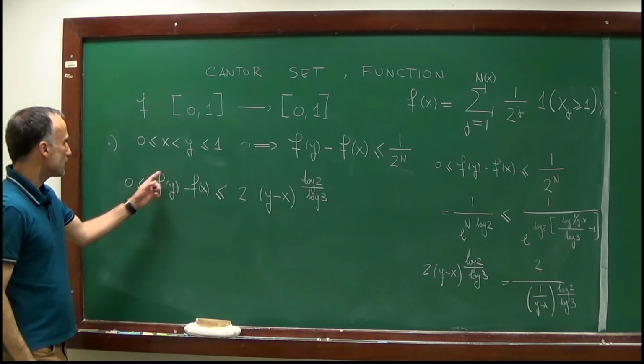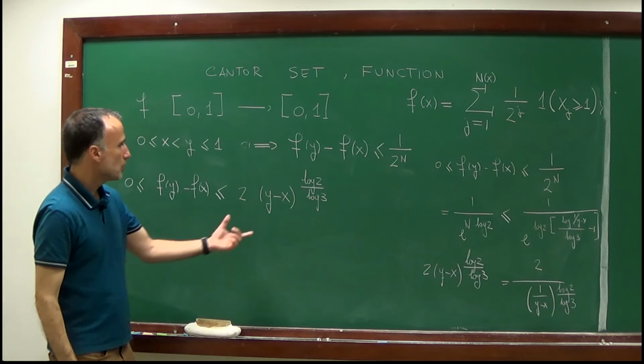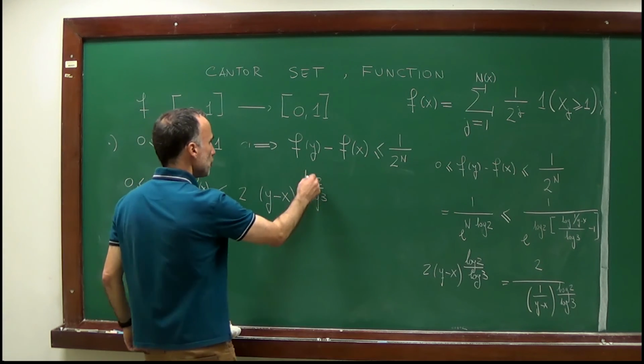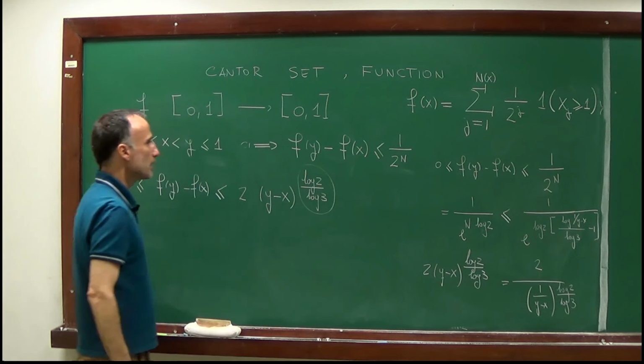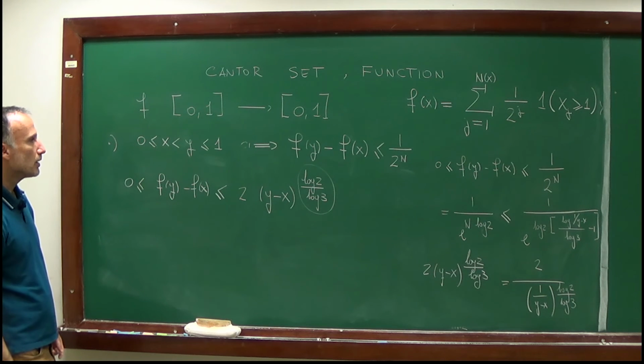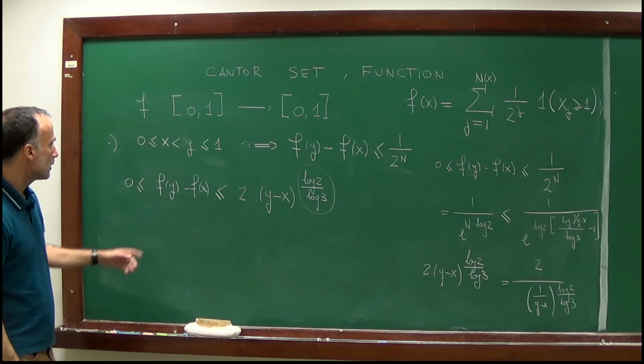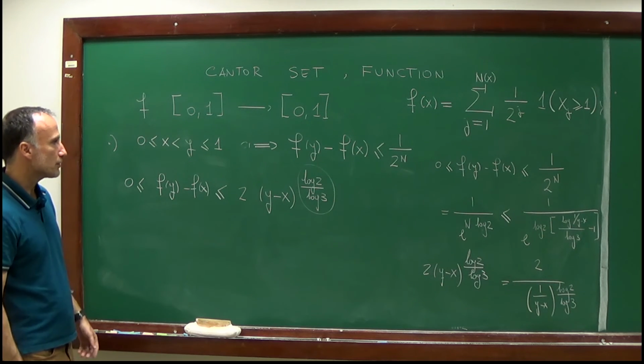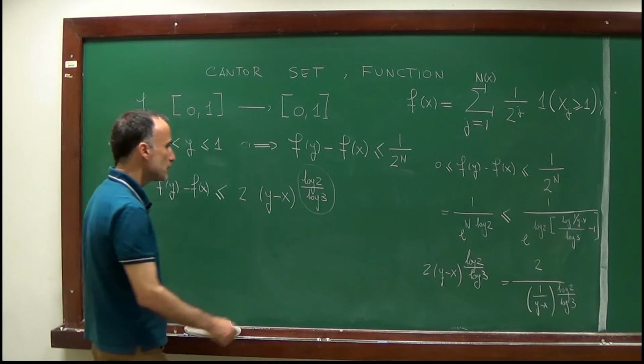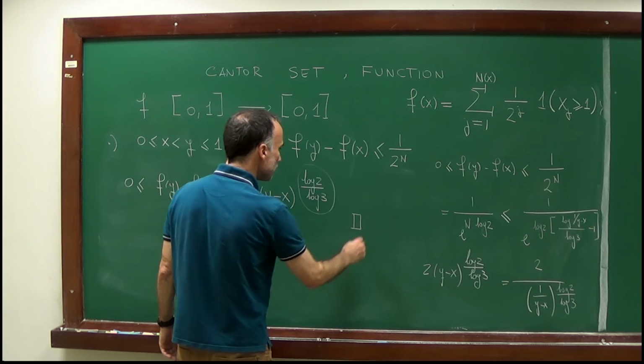So that proves that f is Hölder continuous with a coefficient given by log 2 divided by log 3. And in particular, my function f is continuous. So that proves the continuity of my function f.